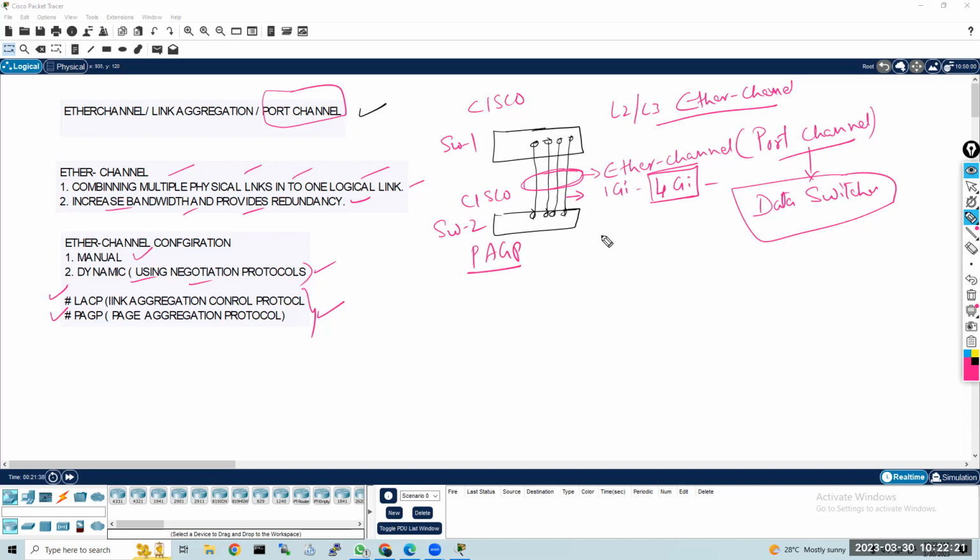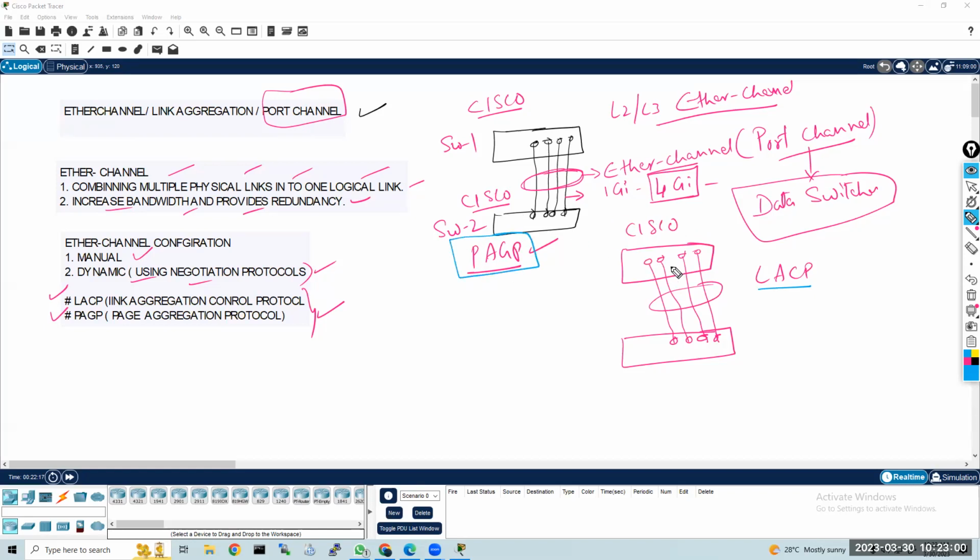If both are the same vendor, meaning Cisco devices, we should configure PAgP, the Port Aggregation Protocol. If one side is Cisco and maybe the other side is a non-Cisco device, then we use LACP.